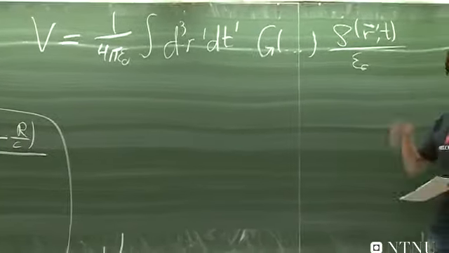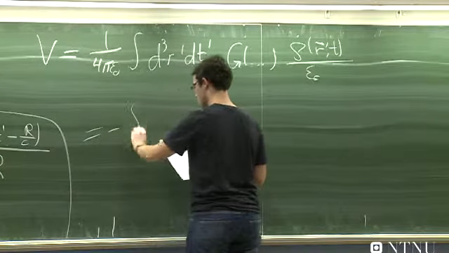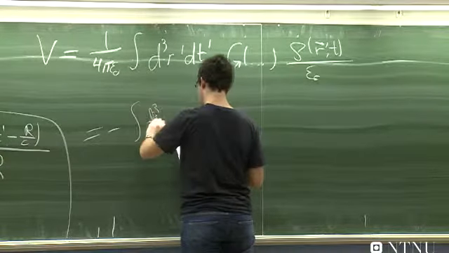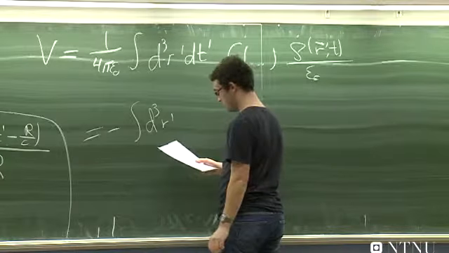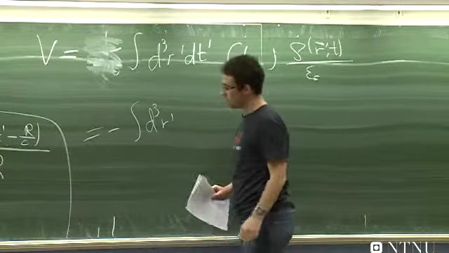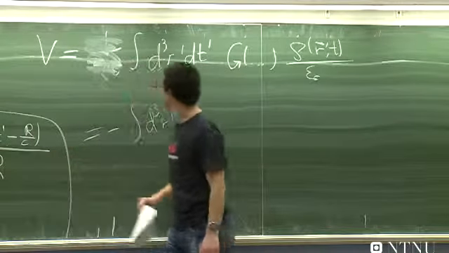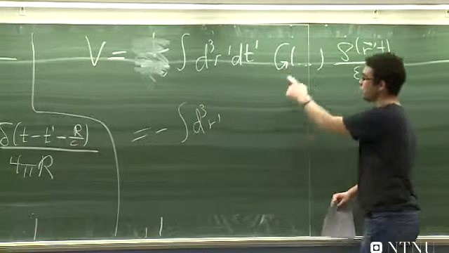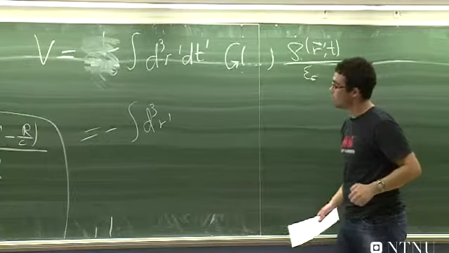Okay, so if I write out the Green's function, I get that the potential is equal to, let's see, minus d3 r prime. By the way, this was wrong because the 4 pi is inside the Green's function and the epsilon is inside the rho.